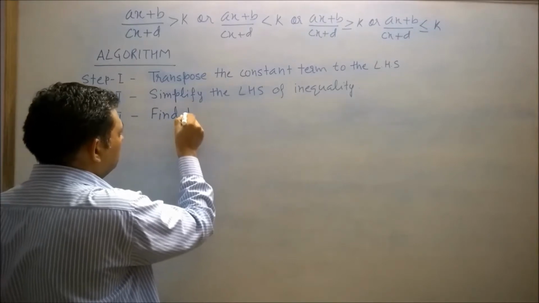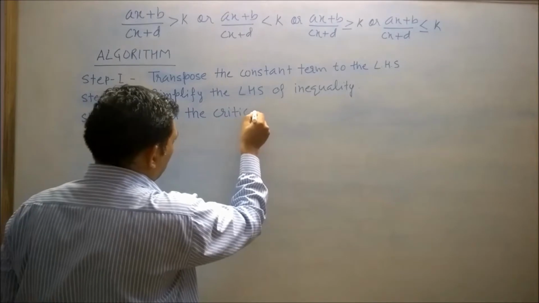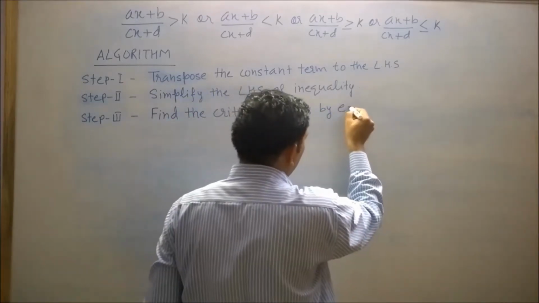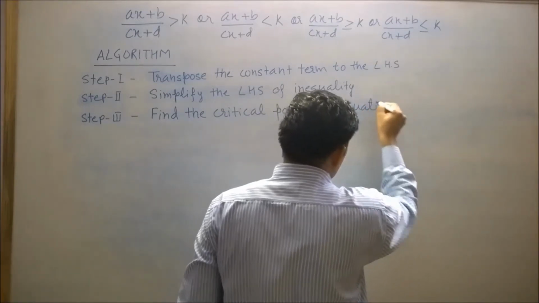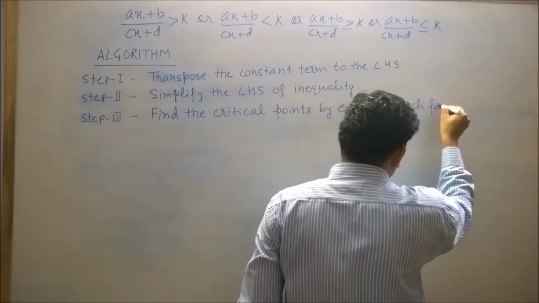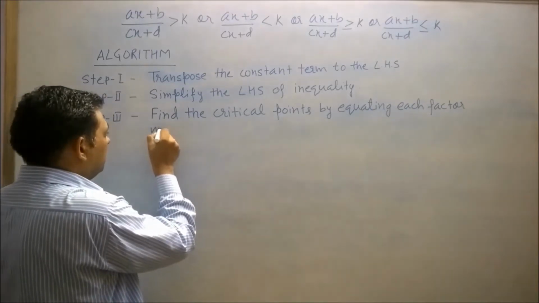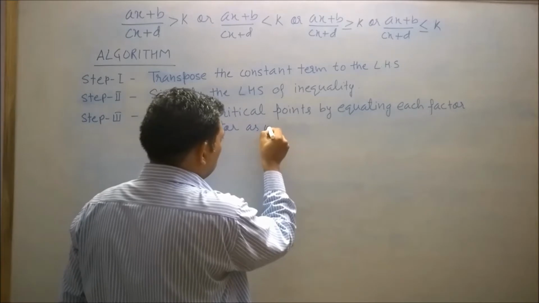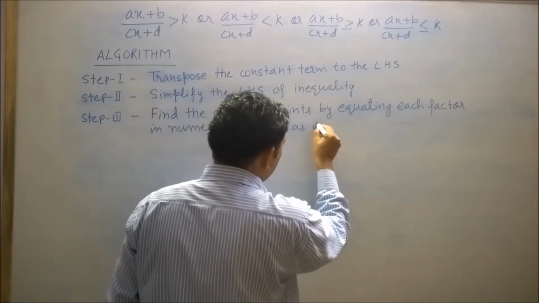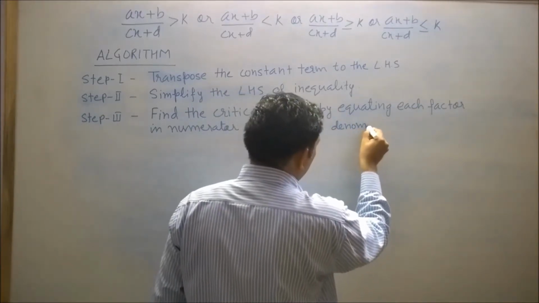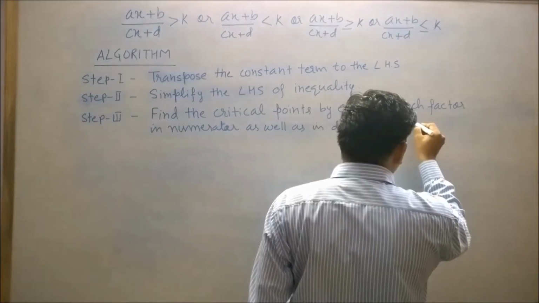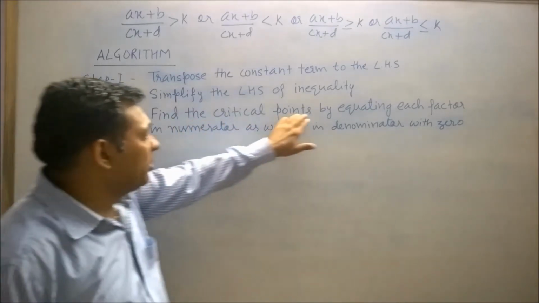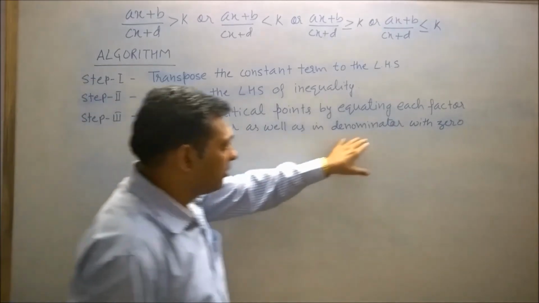Find the critical points by equating each factor in the numerator as well as in the denominator with 0.